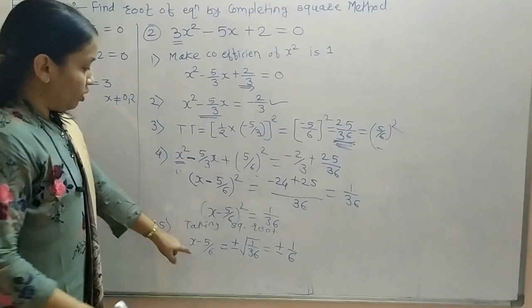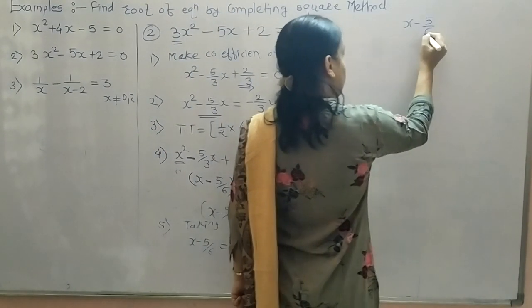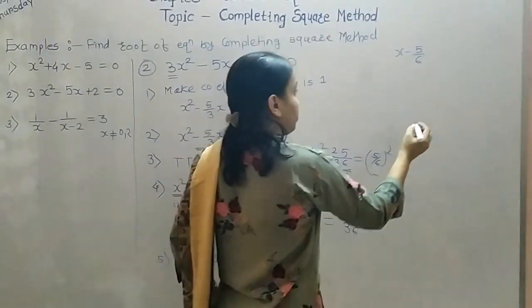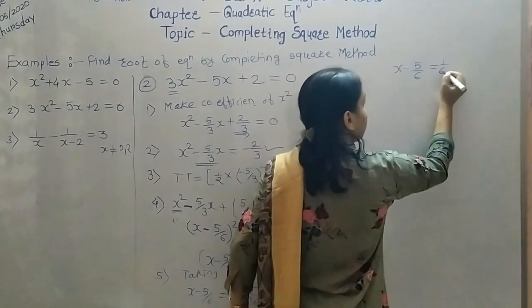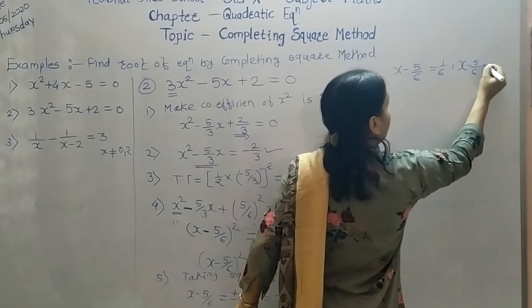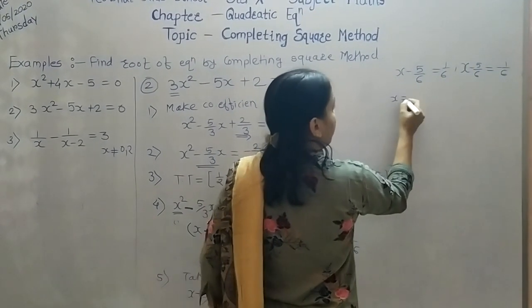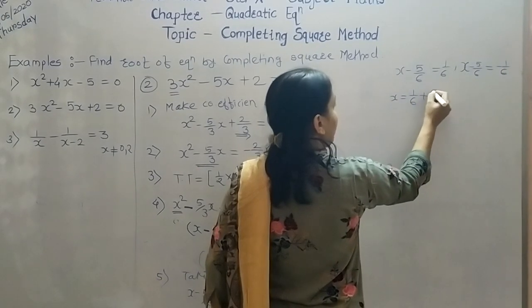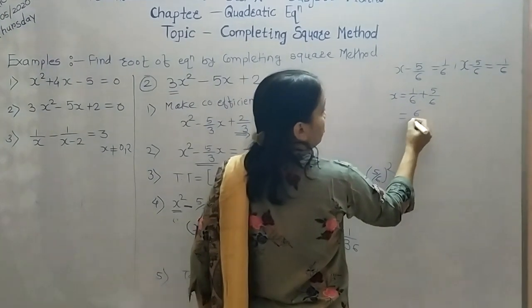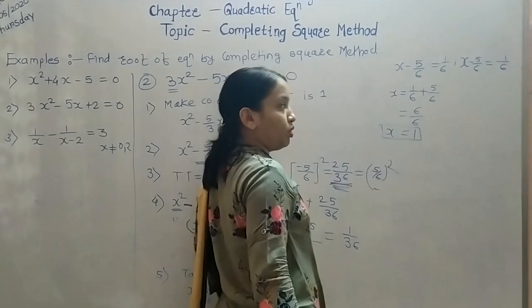Now, for the value of x minus 5 by 6. Okay. First, we will take equal to 1 by 6 and another x minus 5 by 6 equal to minus 1 by 6. X is equal to 1 by 6 plus 5 by 6 is equal to 6 by 6 equal to 1. You will get x is equal to 1.